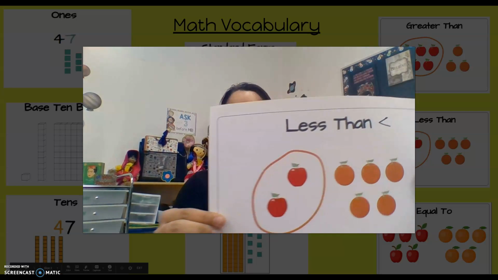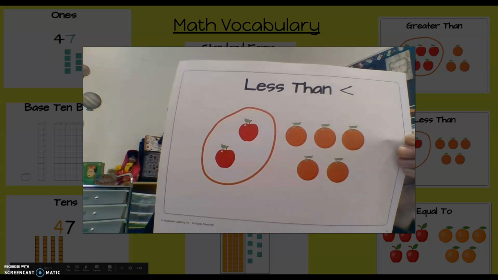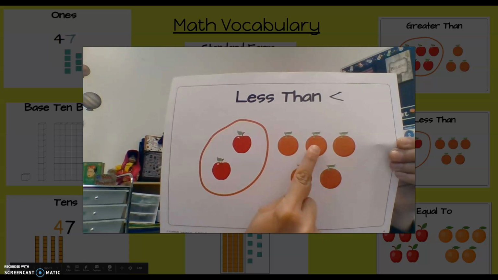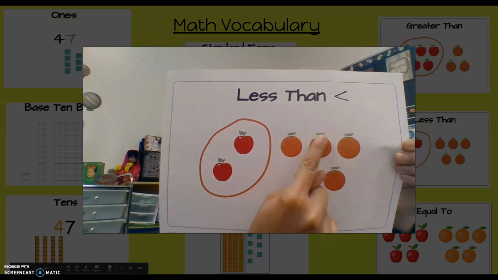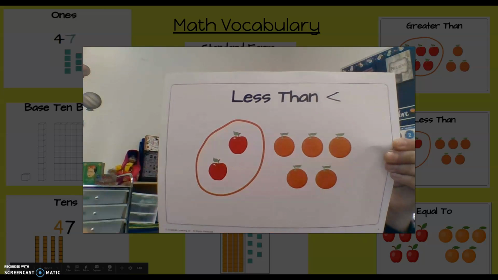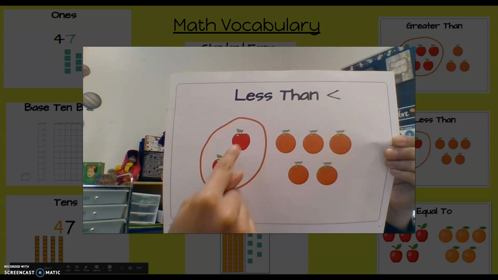Next we have less than. We only have 2 apples in this picture and 5 oranges. 1, 2, 3, 4, 5. So which fruit do we have less of? The apples, correct? So that's why it's circled.